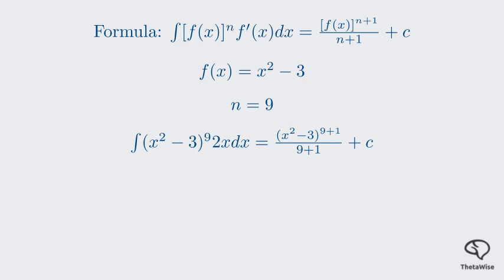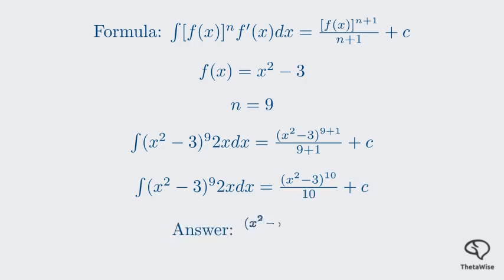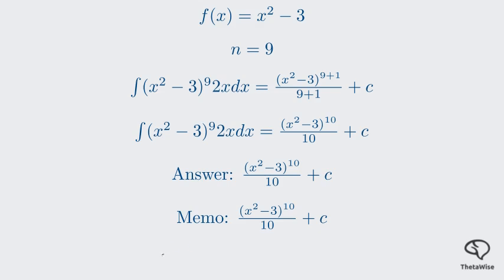Let's simplify this expression to get our final answer. 9 plus 1 is 10. So the final integral is the quantity x squared minus 3 raised to the 10th power divided by 10, plus the constant of integration, c. And that's it. Comparing our answer with the memo, we can confirm it is correct. Notice how quick and direct that was. This is the power of integration by inspection.